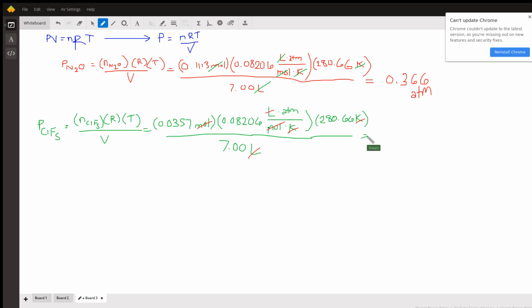And let's plug this into our calculator. So I ended up with 0.117 atmospheres. And that's rounded to 3 significant figures in both cases. Let me just quickly double check my answers to both of these.